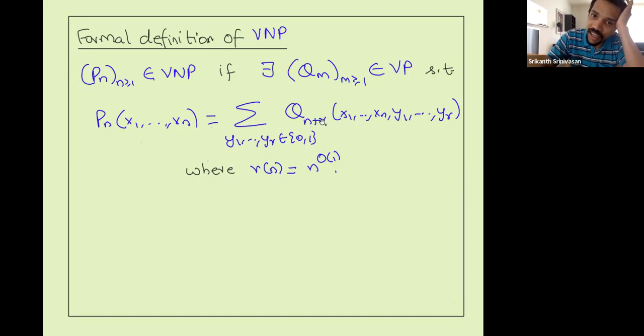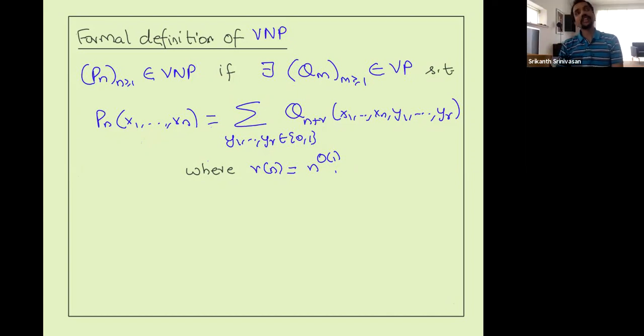I take the (n plus r)th polynomial in the sequence Qm, and I treat the last r variables as auxiliary variables. I sum over all Boolean values of these auxiliary variables, y1 to yr. As I do that, I get a polynomial in just the first n variables, x1 to xn, and that should be the polynomial Pn.